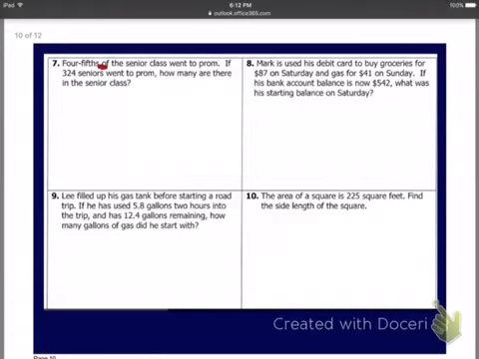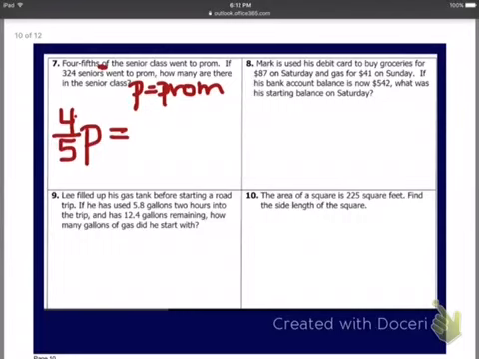So let's use P for prom goers. So we're going to say 4/5 P is equal to 324. So that's how we solve that one there.